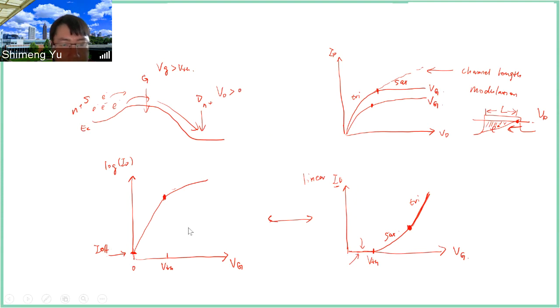So this is I off, and I on is the maximum current here. If you think about the power supply is VDD, so when the gate voltage is VDD, drain voltage is also VDD.